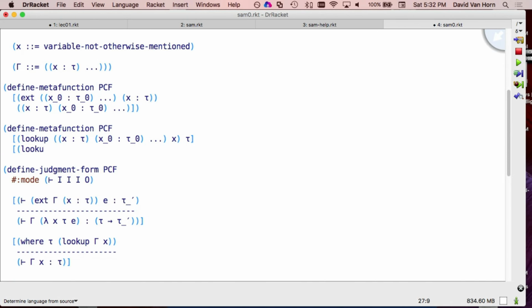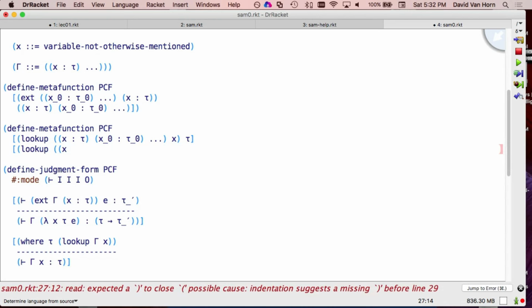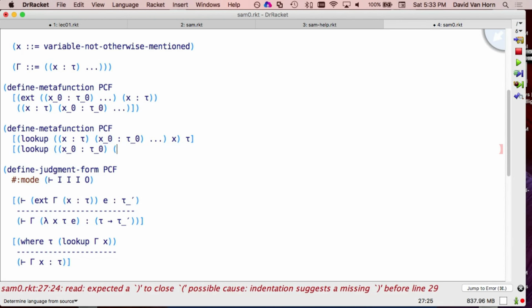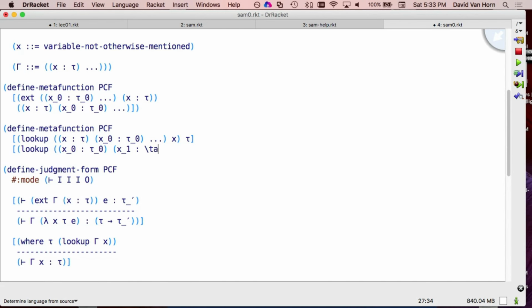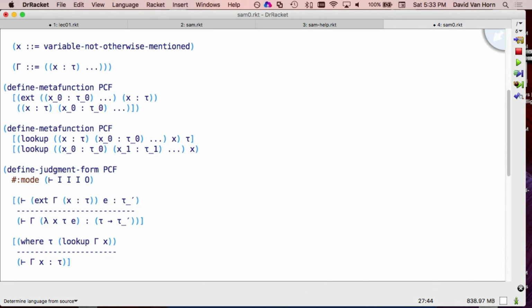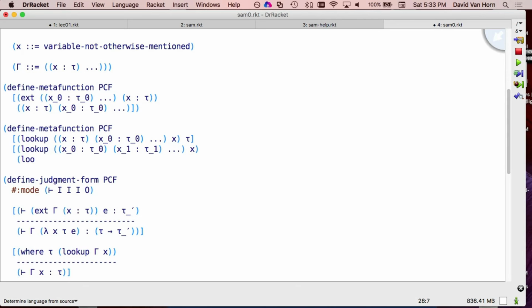Now the other case is that it doesn't match. So if I have something else here, then what I want to do is look up x in the rest of the type environment.